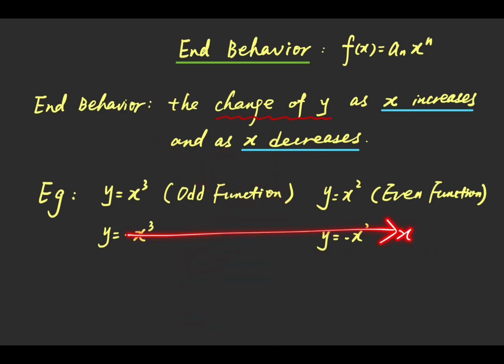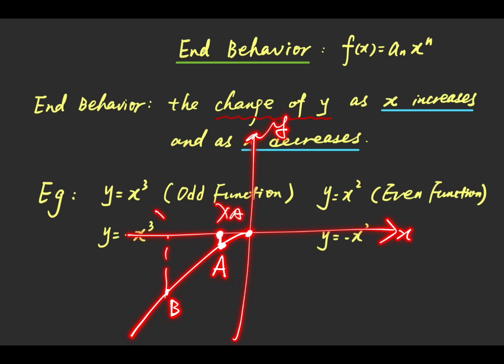For this situation, if x of point A is here, this is xa, this is xb, xa changes to xb, this is so-called x decreases. What about yb and ya?